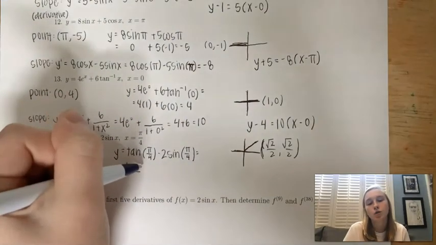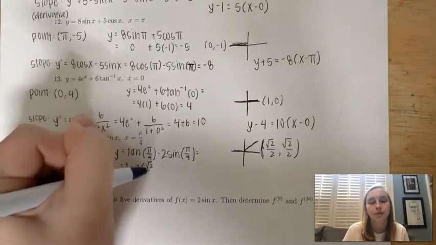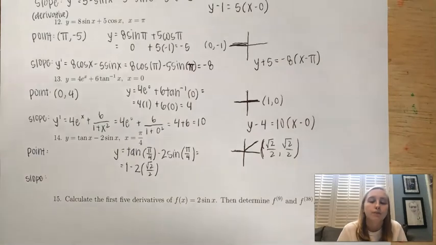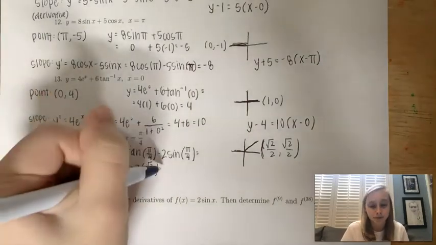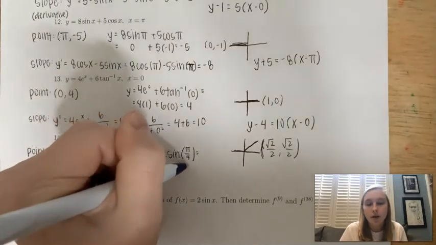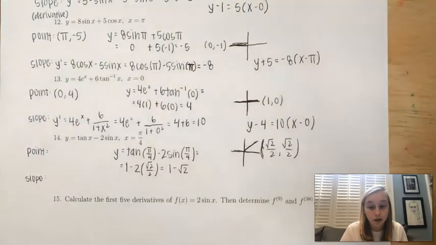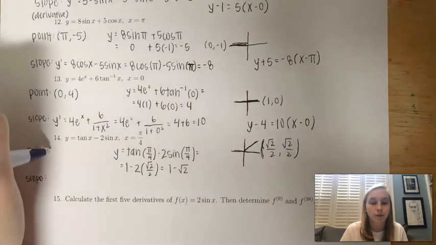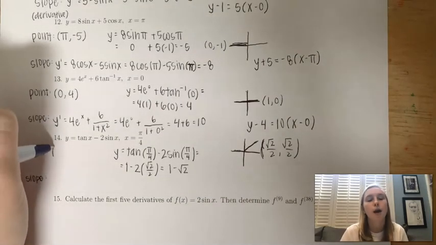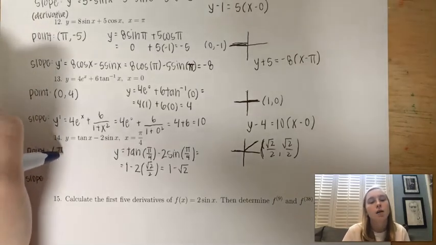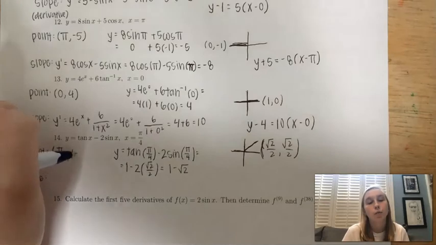So 1 minus 2 times root 2 over 2 is what you get your y value to be, which simplified equals 1 minus root 2. Not the prettiest, but definitely not the worst. Okay, slope. So, oh yeah, your point is pi over 4. That's the x value. You were given that. Comma 1 minus root 2.